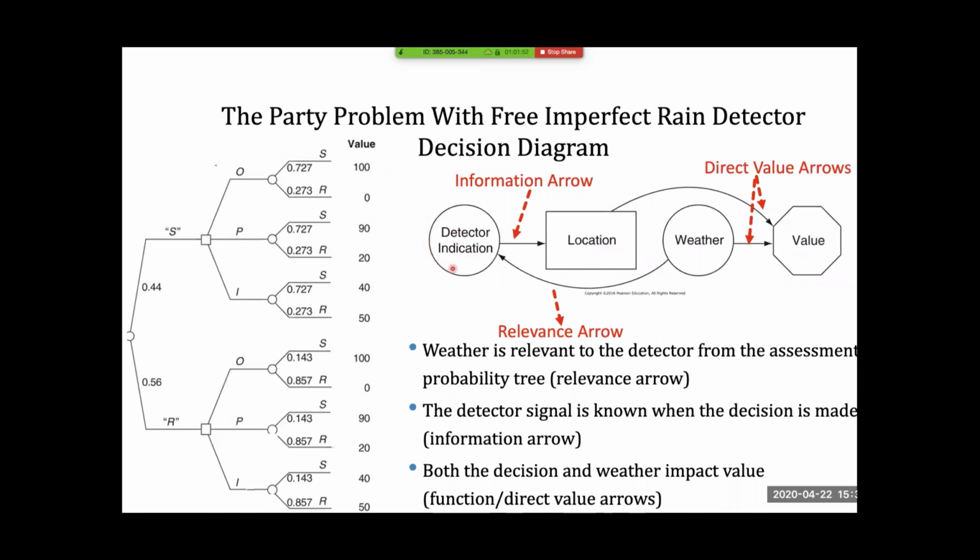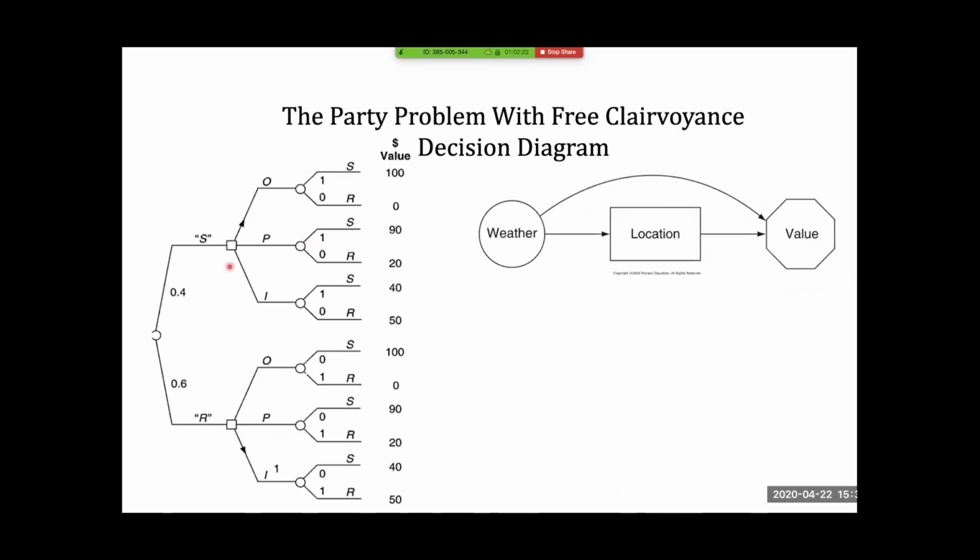The reason is that the detector is 100% accurate, which removes the uncertainty of the weather at the time of the location. Over here, the rain detector's message doesn't remove the uncertainty of the weather, because after the message, there is still some possibility that the weather is going to be the opposite, right? So these two are not 0 and 1. Versus here, after the clairvoyant's message, the weather becomes certain.